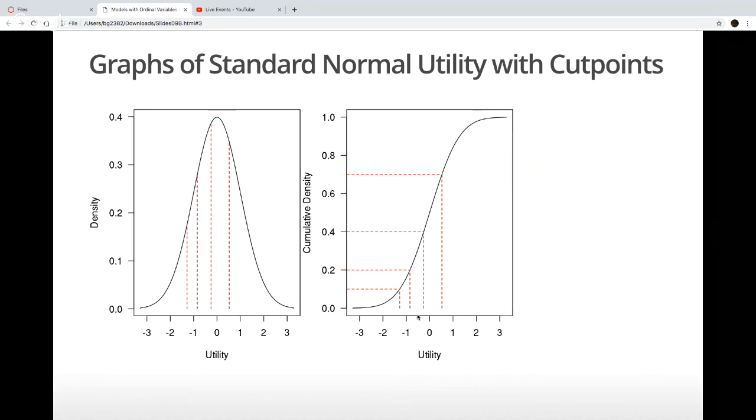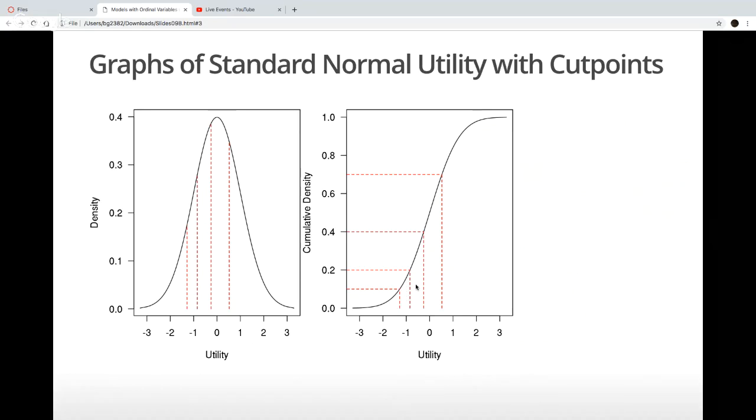And so if someone's utility is like 0.5 or whatever, we check whether it's greater than the first cut point. Yes, keep going. Check whether it's greater than the second cut point. Yes, keep going. Check whether it's greater than the third cut point. No. So in this case, we would stop, saying the person is in the third category. So not in the first, not in the second, but yes, in the third.